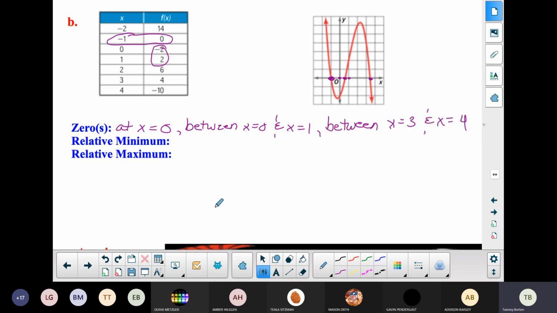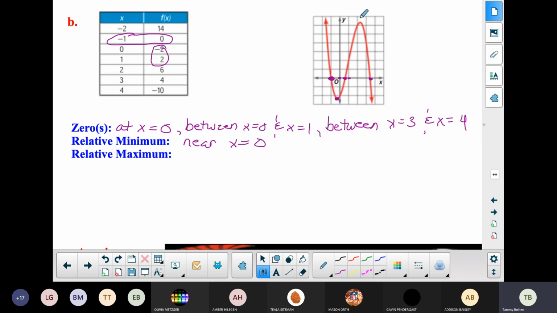Okay. Then they're asking us, where is the relative min? Well, your relative min is down here. And I would say that's near x equals 0. If you said between x equals 0 and x equals -1, that would be okay.